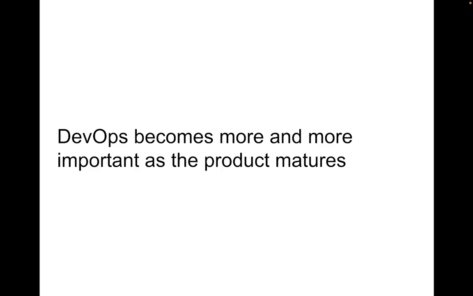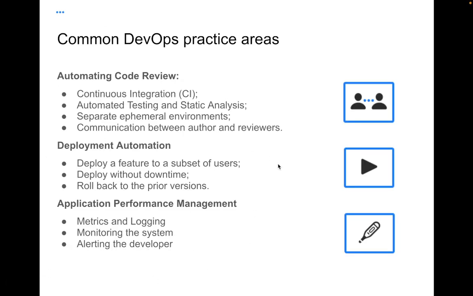Some teams do more, some teams do less, but it is clear that DevOps becomes more important as your product grows, as you have a stable audience of users who will not tolerate low quality, as you start running critical tasks such that you cannot afford to have bugs or to have downtime. So as your product matures, DevOps will become more and more important, and you will try to integrate as many of these practices as possible.